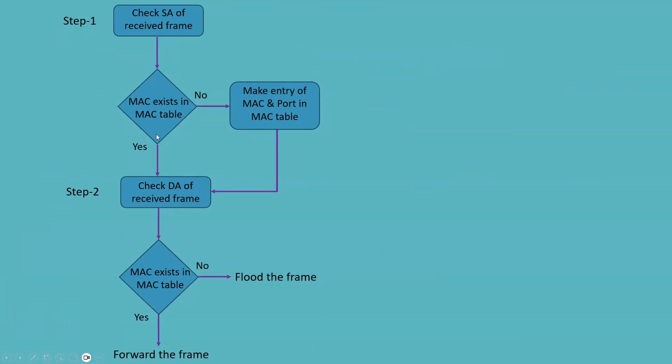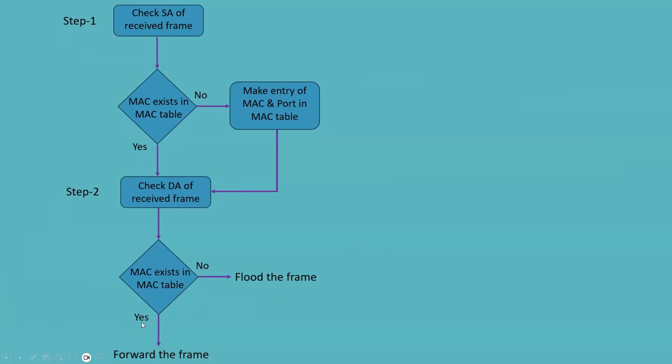If the entry was there, we would refresh the value, aging, dynamically learned entry, reset the aging, whatever the value of the timer was, reset it to 300, and then move to step 2, check the DA value of the frame. If the MAC table did not have the entry, then we would flood the frame. And if it had the entry, we were forwarding the frame.